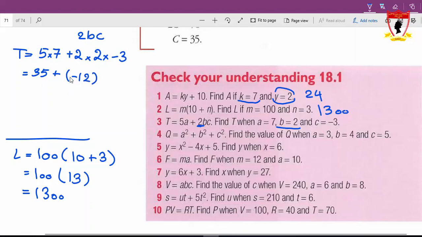Then positive with negative will be negative. You can straight away write 35 minus 12. 35 minus 12 is equal to 23. So T is equal to 23.